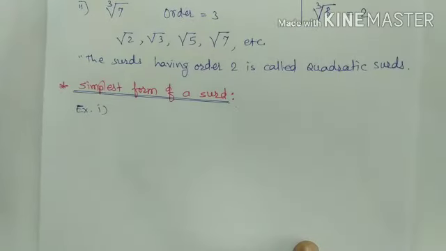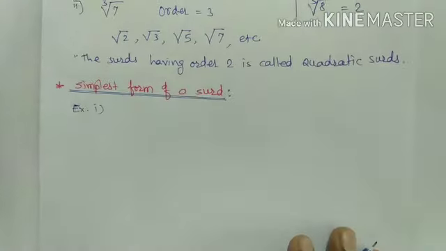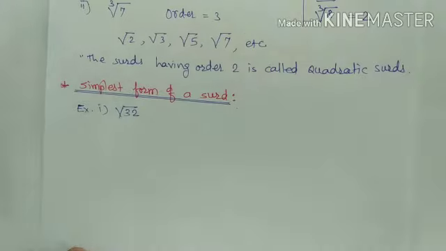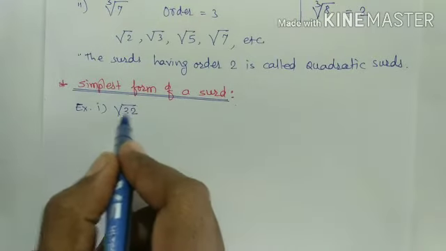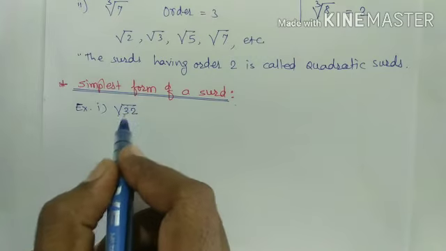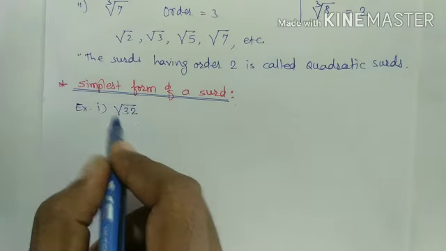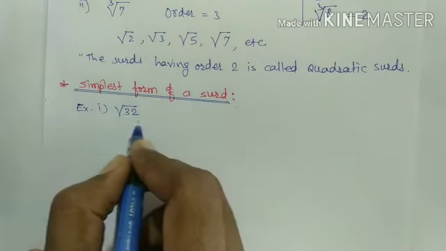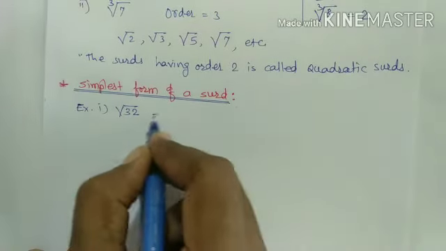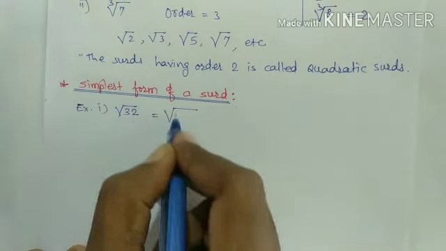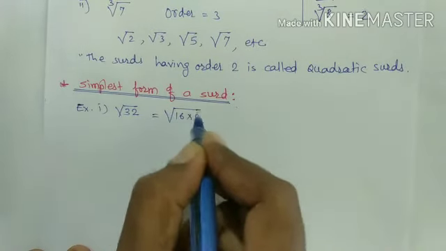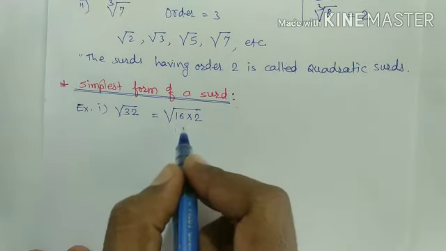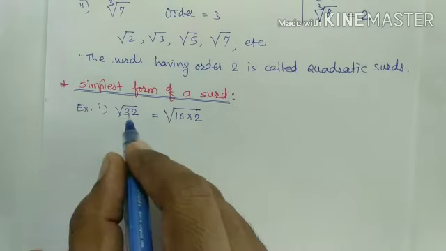Now the next point is simplest form of a surd. See, here this root 32 is a surd because 32 is a positive rational number, but square root of 32 is an irrational number. That's why root 32 is an example of surd. Now here we can simplify this surd in this way. This 32 is 16 into 2. We can factorize this 32 as one factor is the perfect square, or the largest perfect square in the factors of this 32.